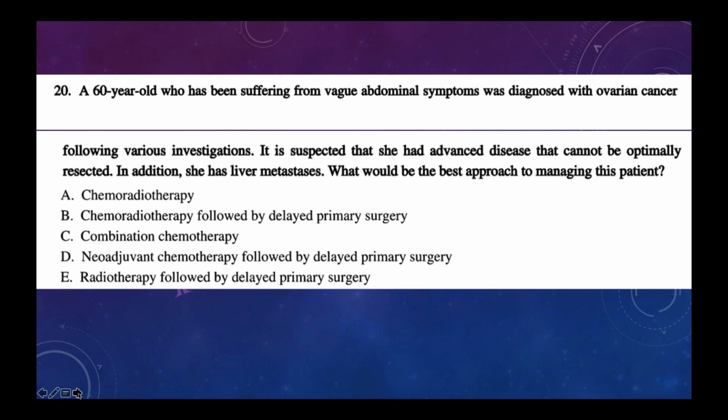A 60-year-old with vague abdominal pain for ovarian cancer. She is suspected of advanced disease that cannot be resected. She has liver metastasis also. What will be the best approach for this patient?